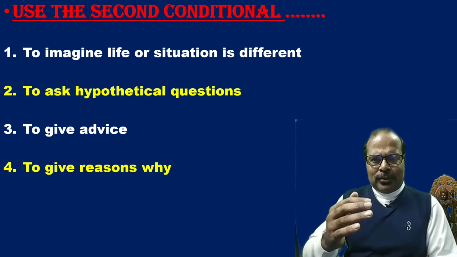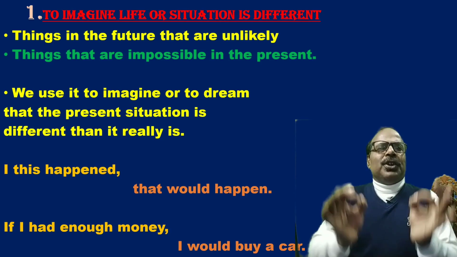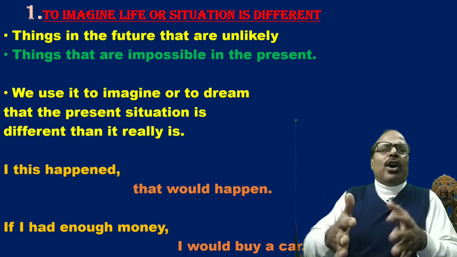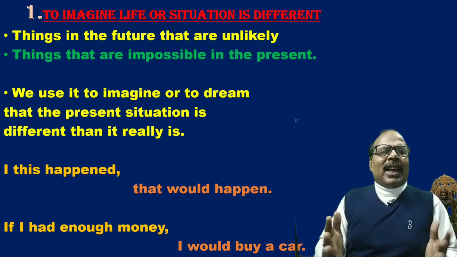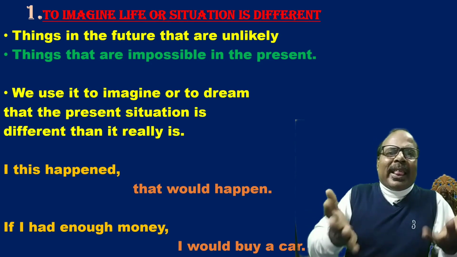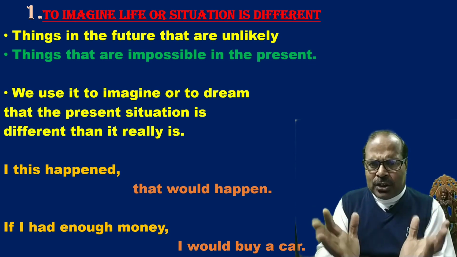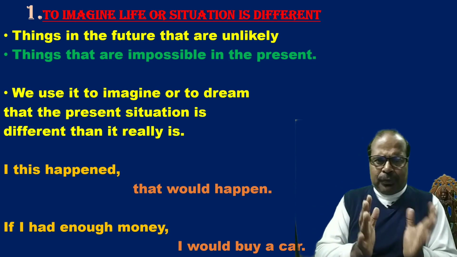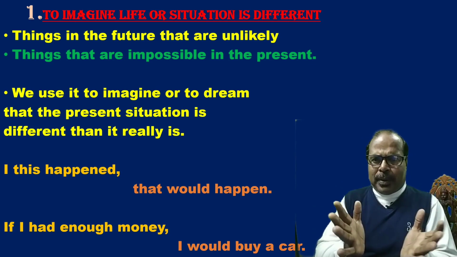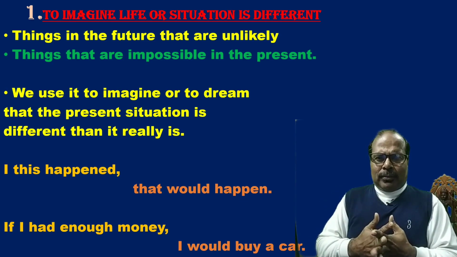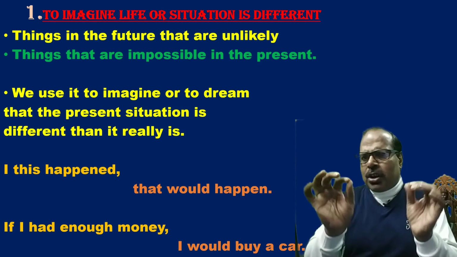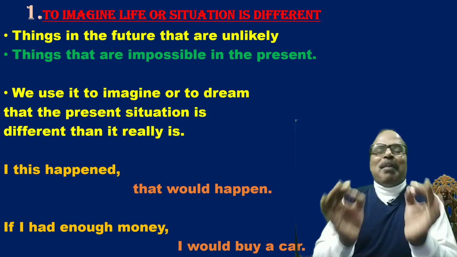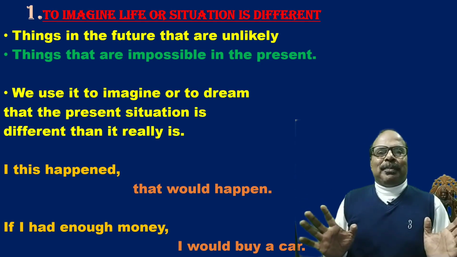Now, the first point, to imagine life or situation is different. Things in the future that are unlikely to happen. For example, if I won the lottery, it is not impossible, but it is unlikely.